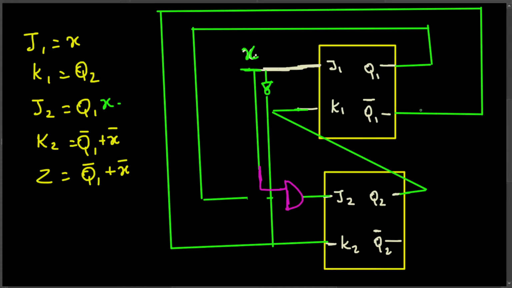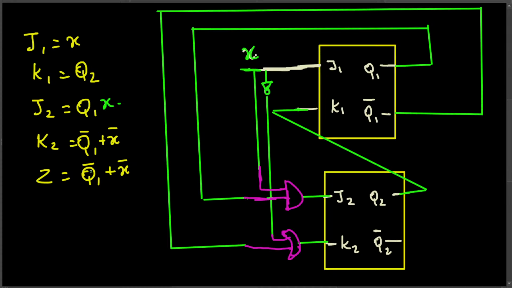Where's the Q1? Q1 is right here. Okay, and this one is connected with the OR gate. Okay, and that is it. And the final thing is output.